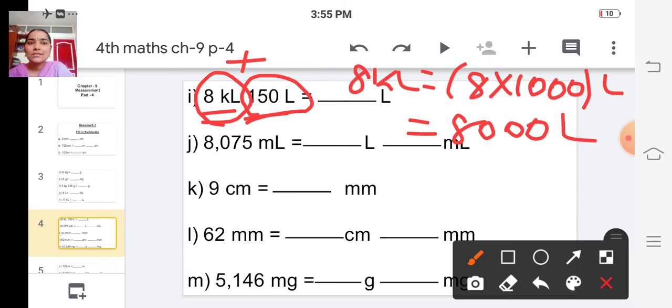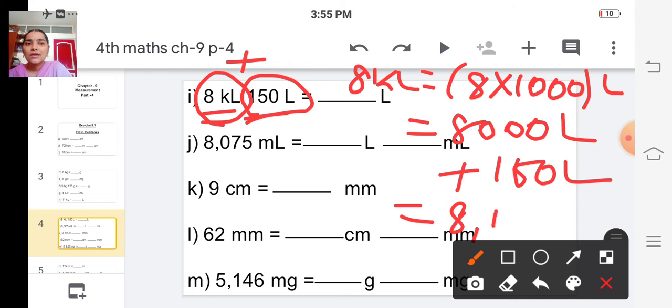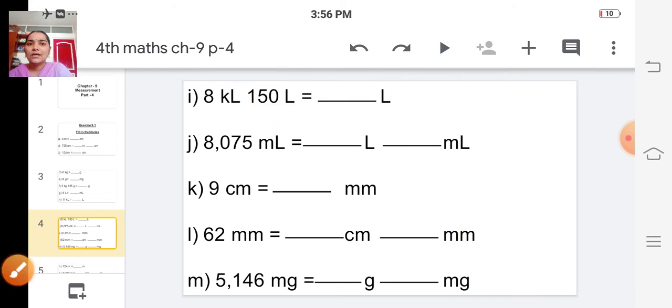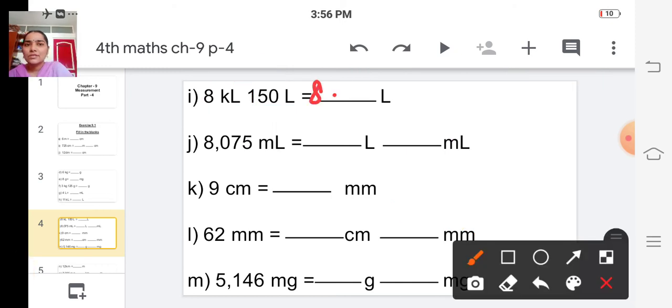And now add this 8000 liter plus this 150 liter, which is equal to 8150 liter. In the first step, you have to convert this kiloliter into liter, and then you have to add 8000 liter plus 150 liter. Then we will get the answer in liters. So the answer is 8150 liters.